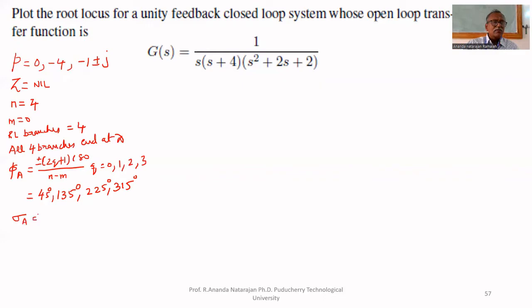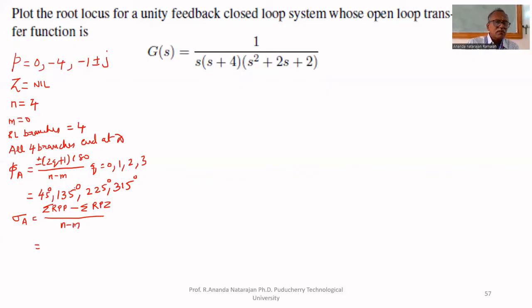Sigma A, the centroid, equal to sum of real parts of poles minus sum of real parts of zeros divided by n minus m.